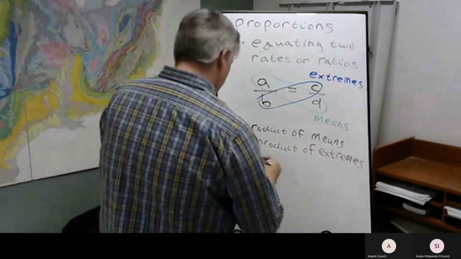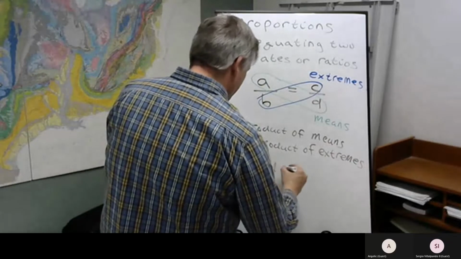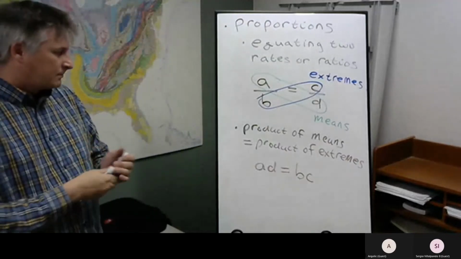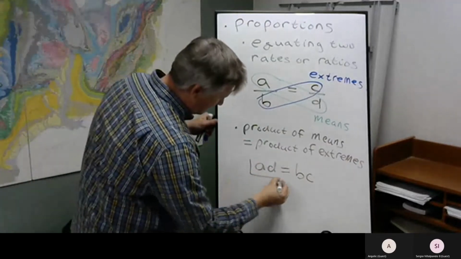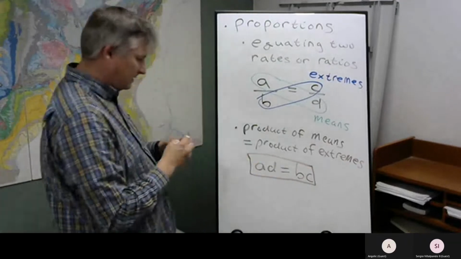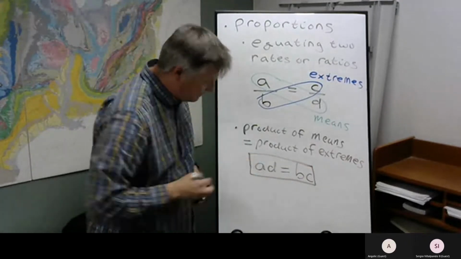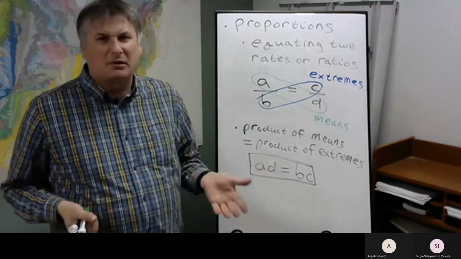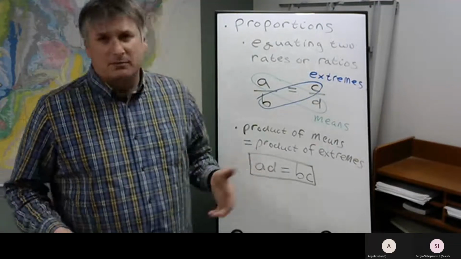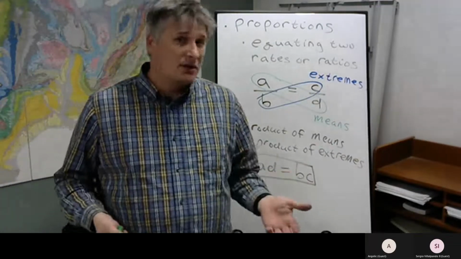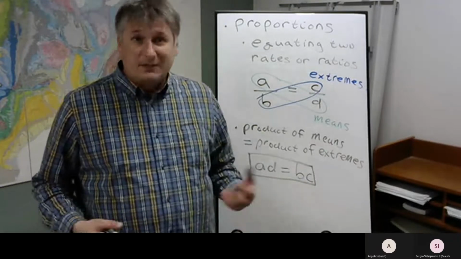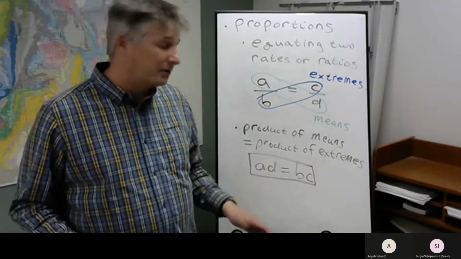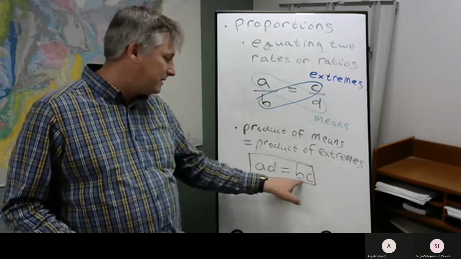So in other words, A times D equals B times C. So something to keep in mind when we're dealing with algebra, again, when we have something like two variables, and that's what these really are, they're variables. Granted, they're letters, but we pretend that they're numbers. They're just numbers we haven't chosen yet. But we're still going to treat them like they're numbers nonetheless. So when you have two variables next to each other, in algebra that means they're multiplied together. So this is A times D, this is B times C.